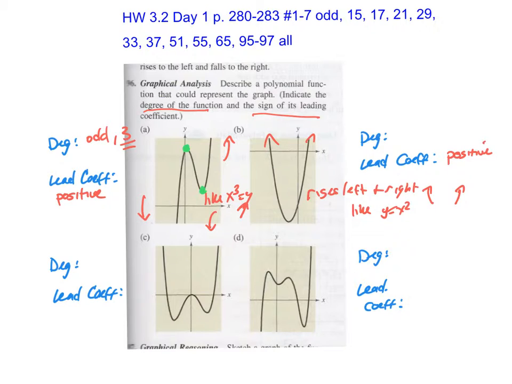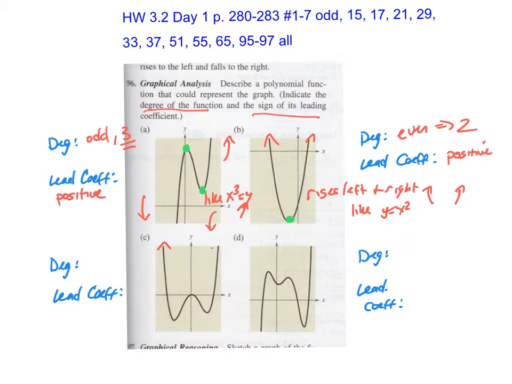And in terms of the degree, we have 1 turning point, so we need at least a second degree. We know for sure it's even, and then based on turning points, we would say it's degree 2.